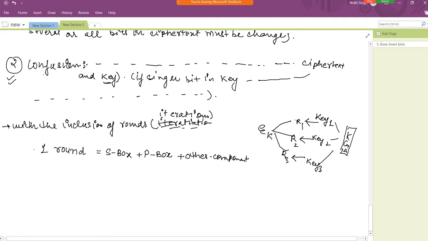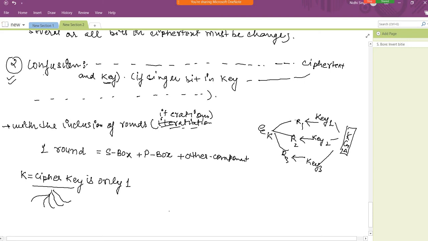Now my cipher key is called K. Cipher key is only one. But from this cipher key, I have to generate the keys for different rounds. So maybe the key generator algorithm uses some permutation or some S box table in order to substitute the bits with other bits, and it should be reversible in nature such that the decryption operation can be performed efficiently.